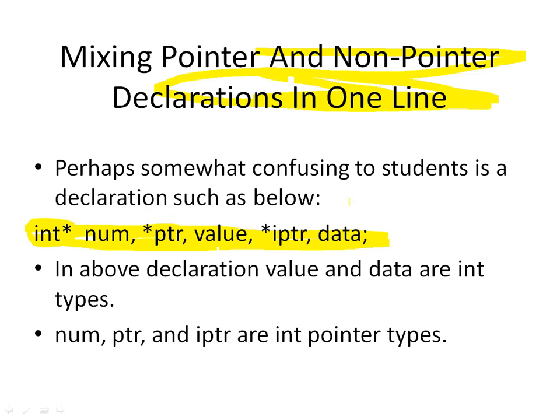Actually not so. In this declaration, value and data, which is this one and this one here, these are int type, but num, ptr, and iptr, these are all pointer types. This asterisk actually applies to the num. Okay, so this is how the multiple declaration of pointer and non-pointer types works.